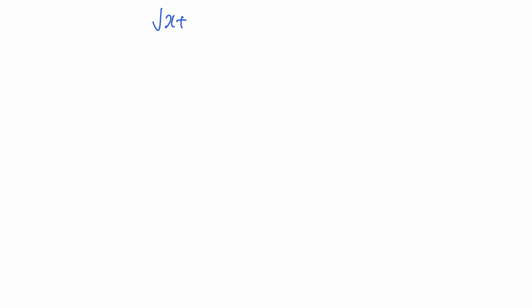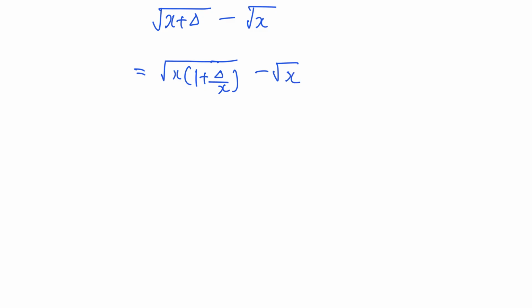square root of (x plus delta) minus square root of x. You can take square root of x times (1 plus delta over x), minus square root of x. That's square root of x times (1 plus delta over x) to the 1/2, minus square root of x.